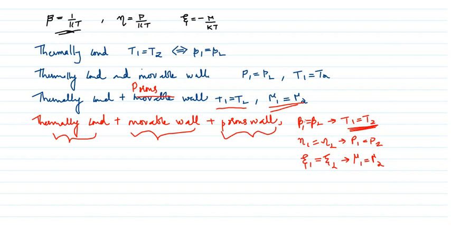And here eta 1 should be equal to eta 2 and so on, which implies pressure has to be the same in each compartment. If the number of particles is exchanged, then psi 1 should be equal to psi 2, which implies the chemical potential has to be the same in all macrostates.